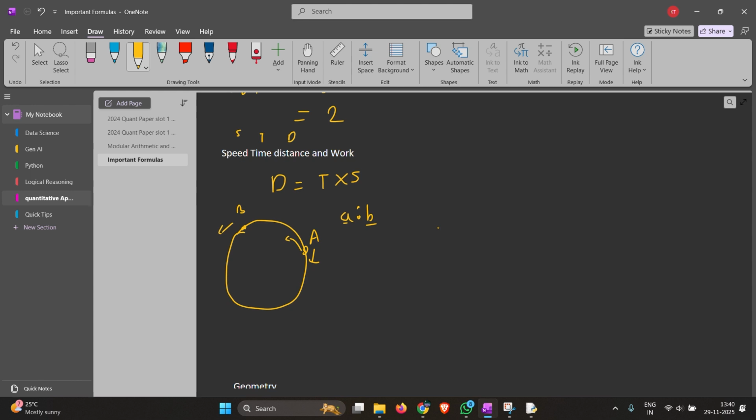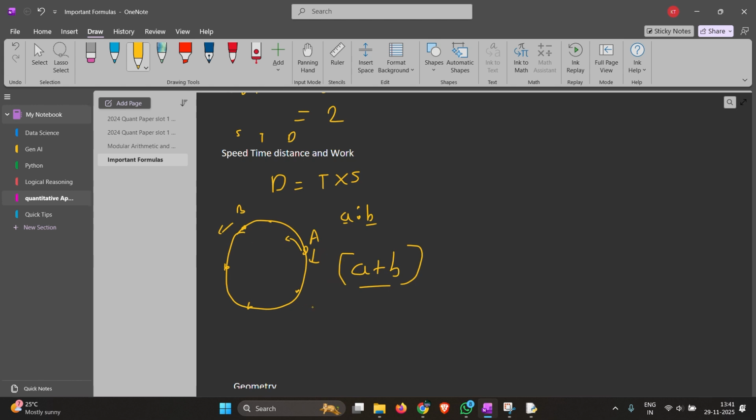If they are running in opposite directions, they will meet at A plus B distinct spots. So here, maybe here, maybe here, maybe here.